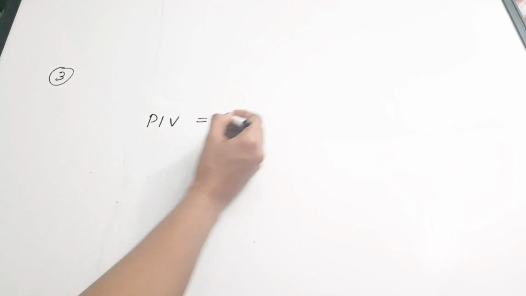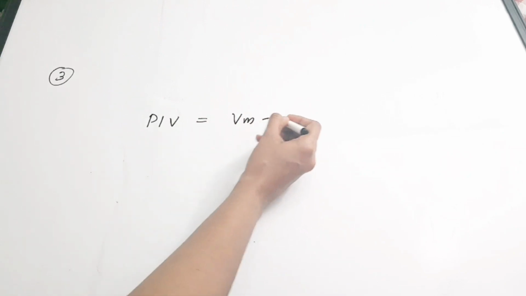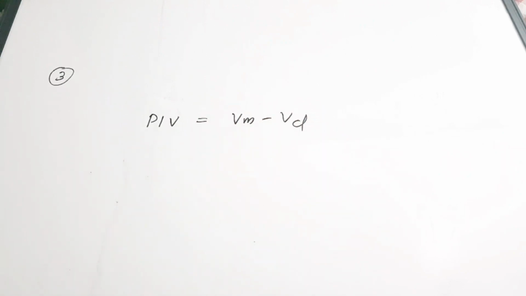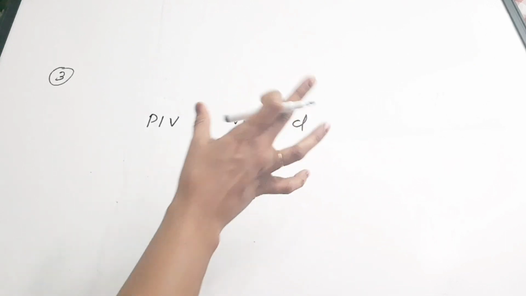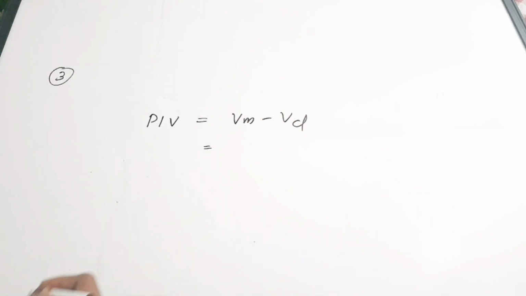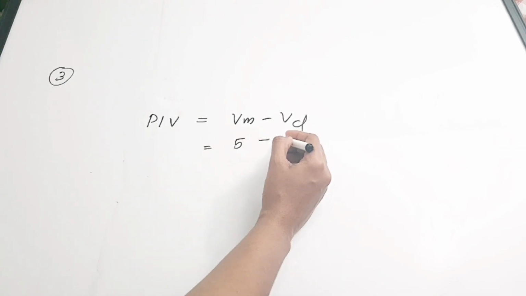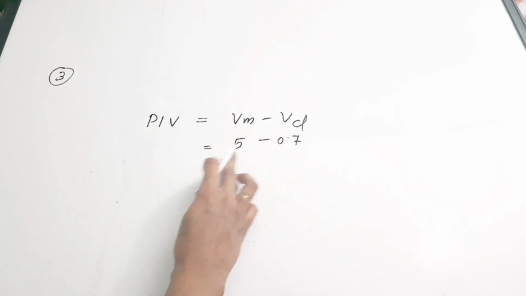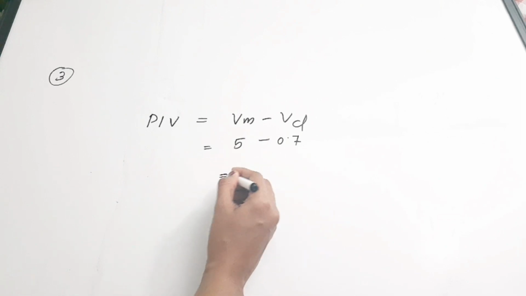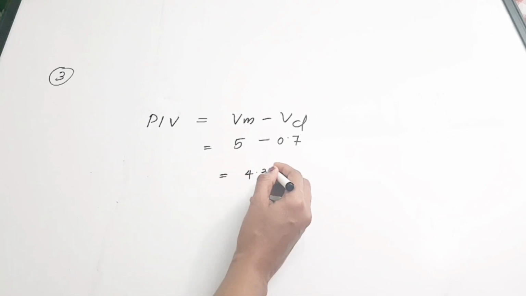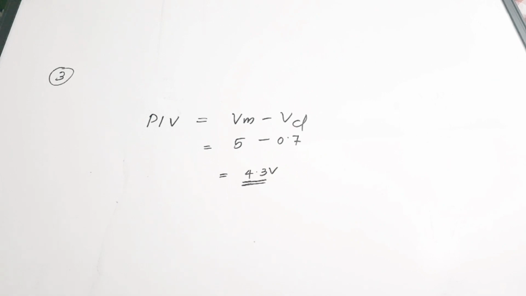PIV is given by Vm minus the voltage across diode, the built-in potential of the diode. So here maximum circuit voltage is 5 and the diode cut-in voltage is 0.7. So it will be 5 minus 0.7, which is equal to 4.3 volt is the PIV.